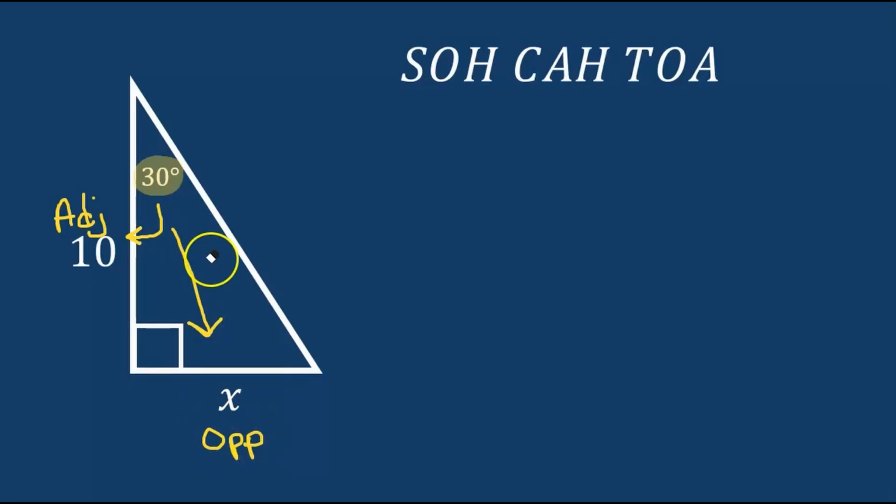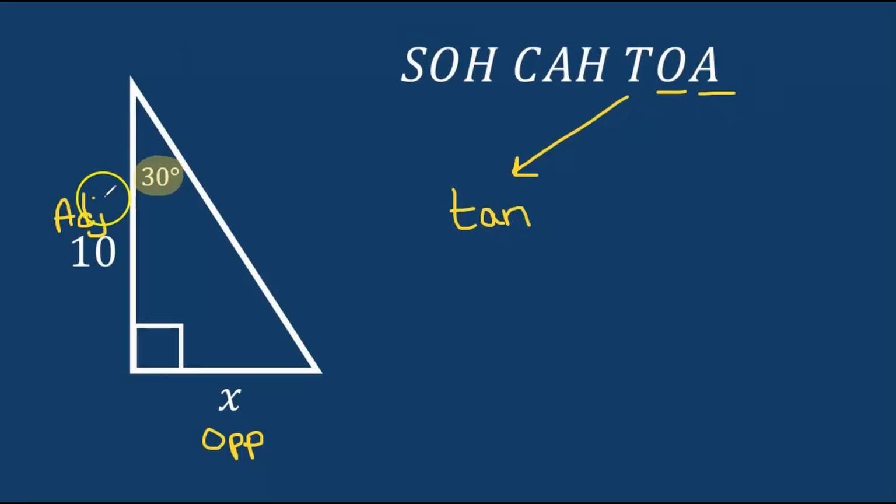Since we're being given an opposite and an adjacent, that's how we know we're going to use tangent. So I'm going to set up my ratio using the tangent of 30 is equal to the opposite over the adjacent, x over 10.